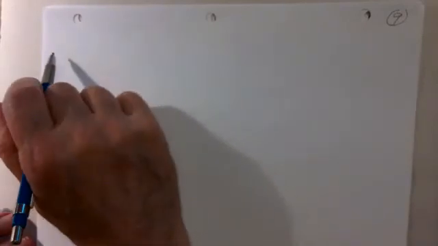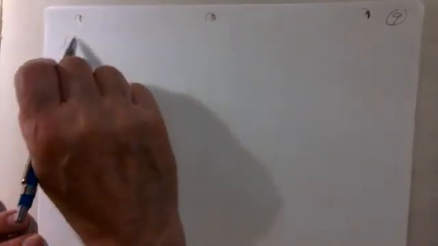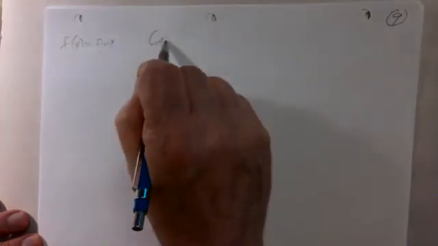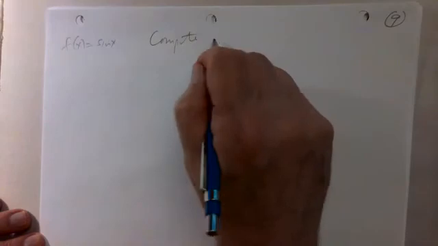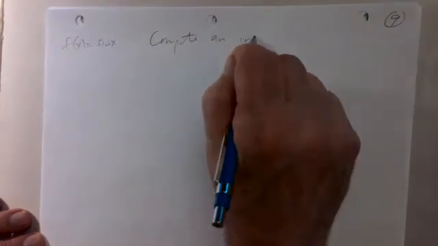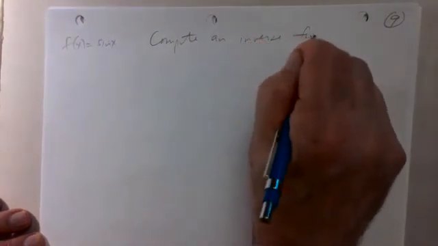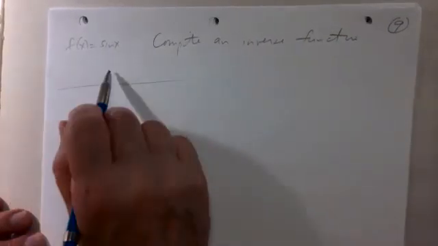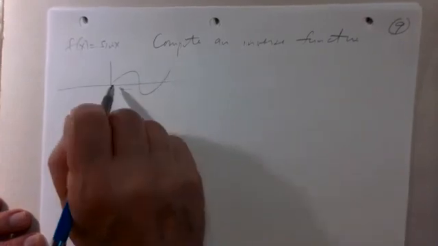So let's look at another example. Suppose we have f of x equal sine of x. Compute an inverse function. Now, what does the graph of the sine of x look like? Well, it oscillates.